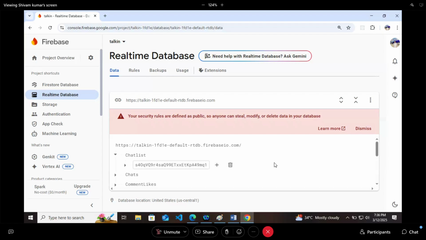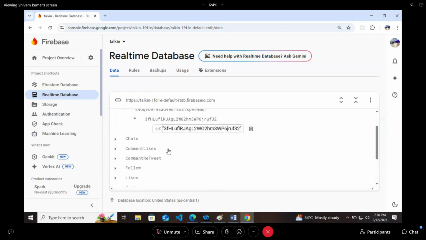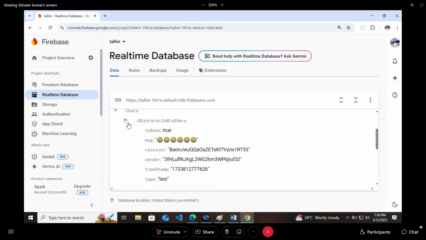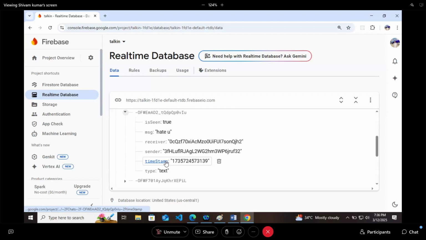So this is one message, where the message can be anything. The message is this smiling emoji, or let's say a hate you message. Now I can easily convert this message to any particular message.